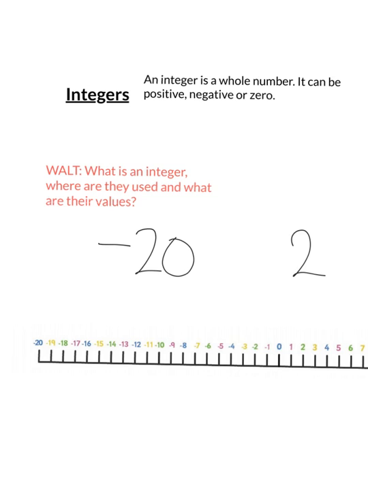Even though negative 20 sounds like it's bigger, because it's lower down in the number line, technically speaking, 2 is a higher number. And you can see that when you're counting, you've got lots of numbers before you get to 2 that are after negative 20. So even if it was negative 2, and I asked you which is higher, you can see that negative 20 is way below negative 2. So negative 20 way down here, and negative 2 just there.